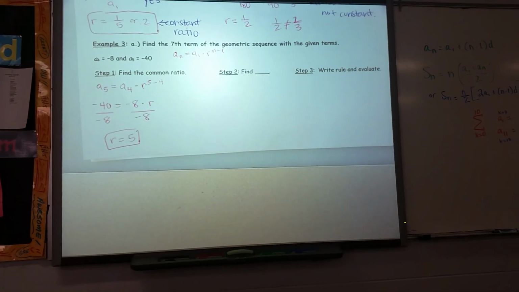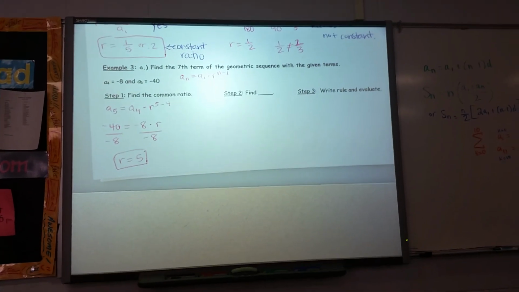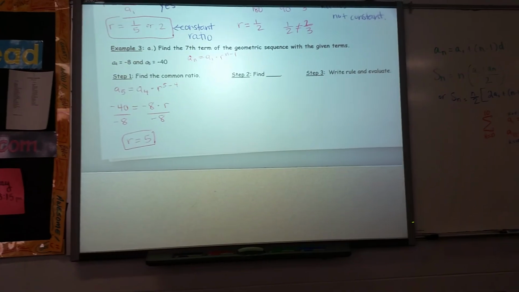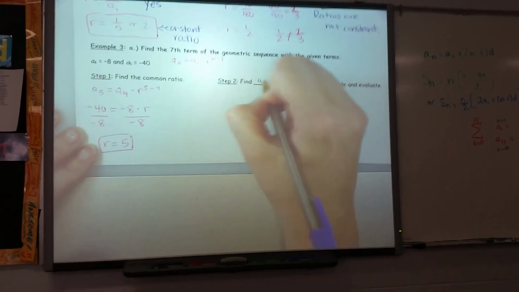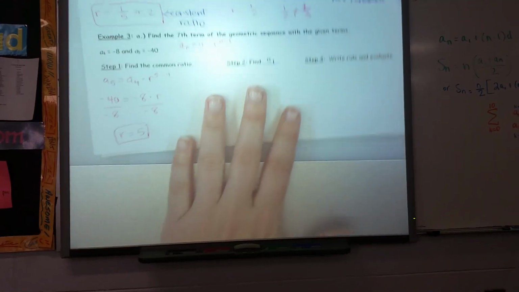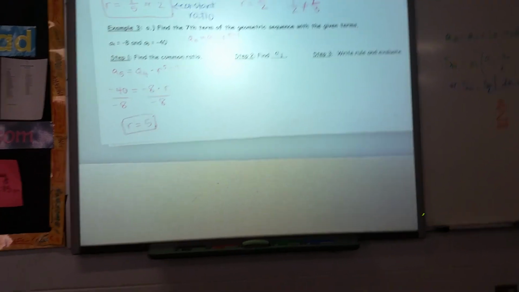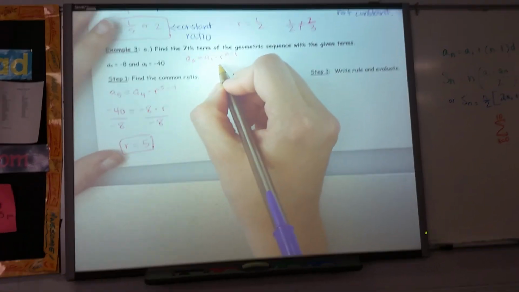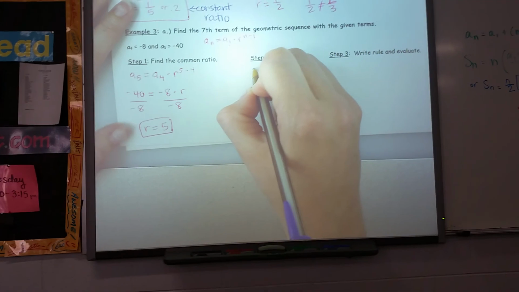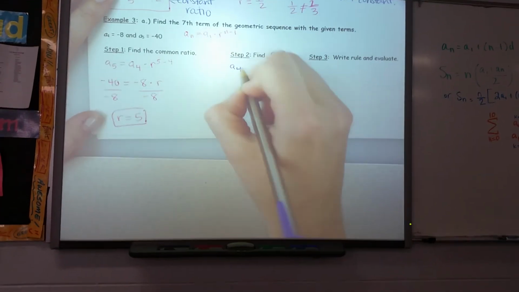Okay, for step 2, you are going to find A sub 1. And if you're finding A sub 1, again, you can use this formula here. And then what I would plug in is A sub 4 or A sub 5.